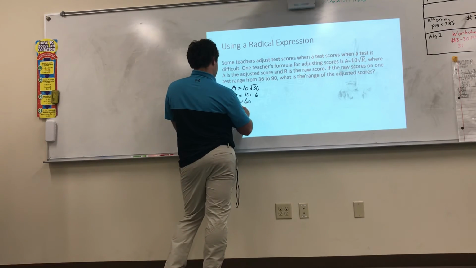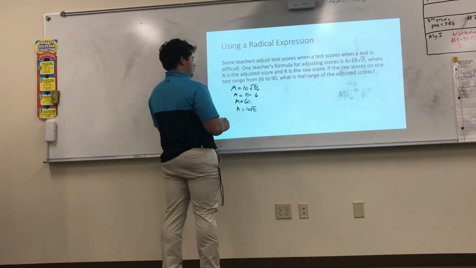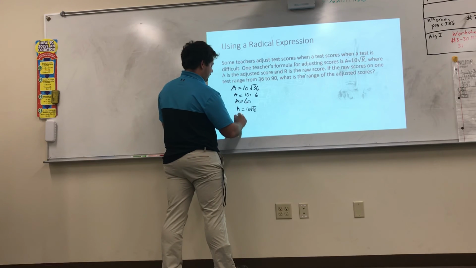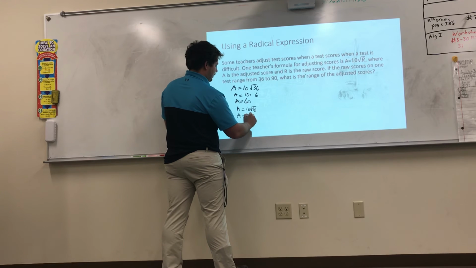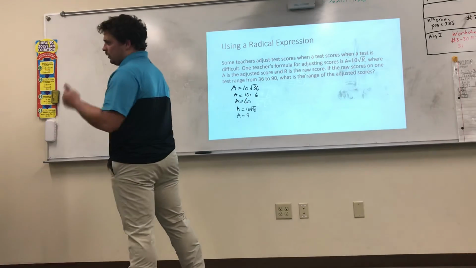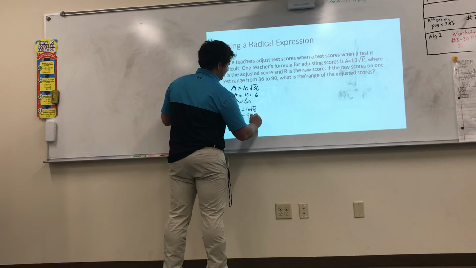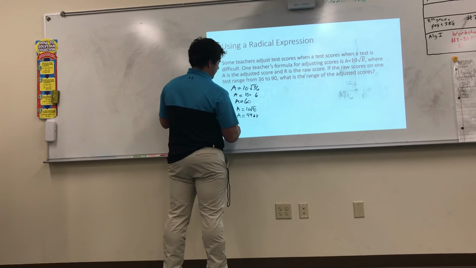We have A equals 10 times the square root of 90. When we multiply this together, I believe we get about a 94.68 or something like that.